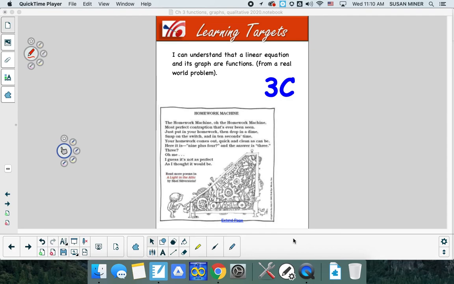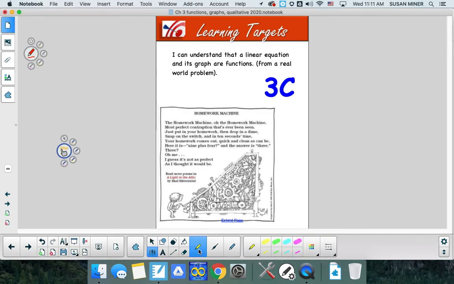But let's pause really quickly and talk about this word right here, linear. What is a linear equation? Well, this equation actually tells us what it is in its name. See this word right here?